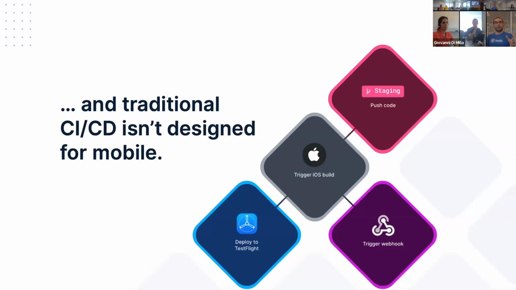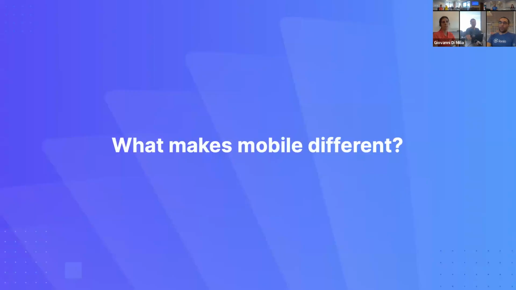There's nothing dedicated to do that out of the box. Also, deploying the apps to the App Store is a kind of manual process if you do use these systems. So, what makes mobile different?